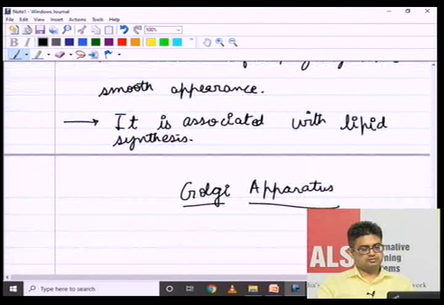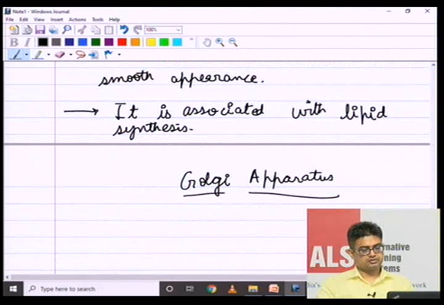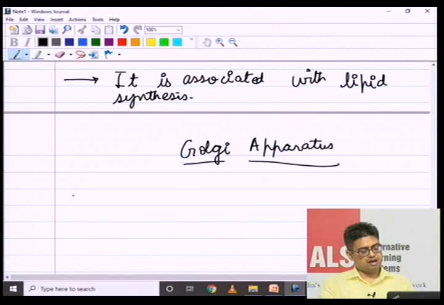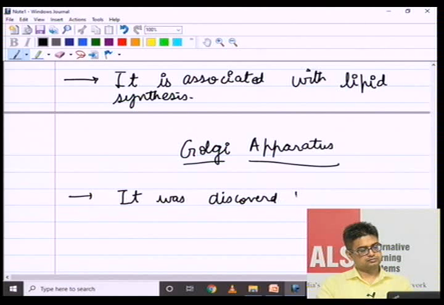Golgi apparatus or Golgi complex was discovered by Camillo Golgi.